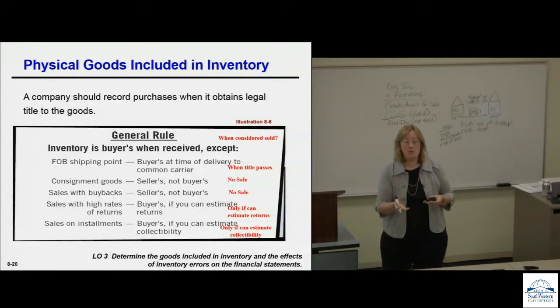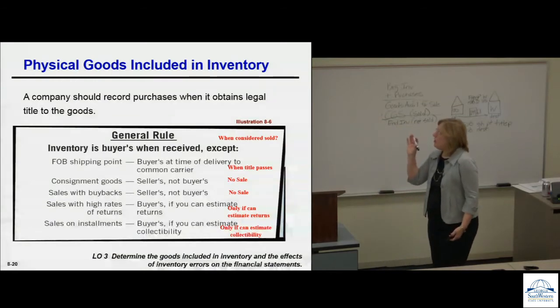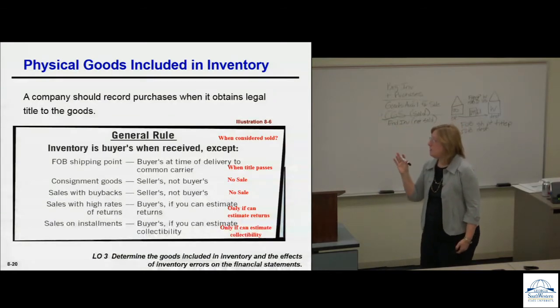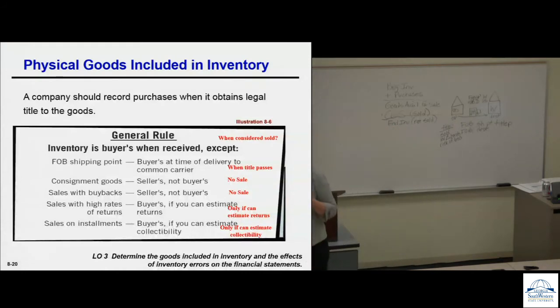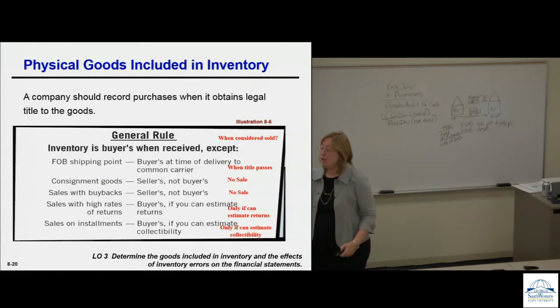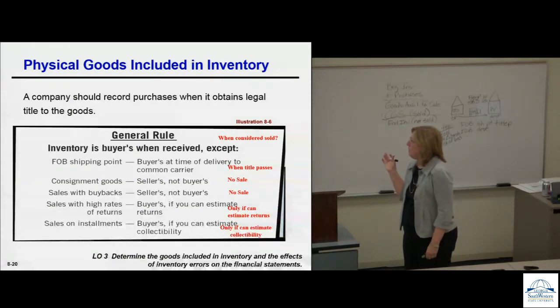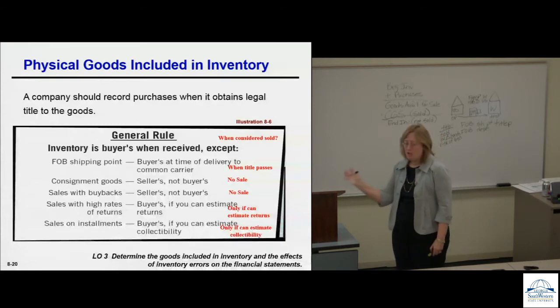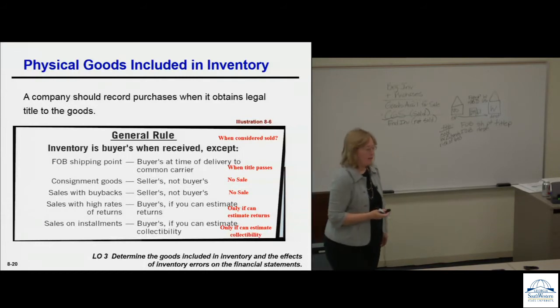No. Okay, so that's the deal. Consignment goods are the sellers', which is me trying to sell the soap, not the buyers', which is the store. And they just get a percentage. So it's not their inventory, ever, okay? It's not ever their inventory, it's my inventory, okay?